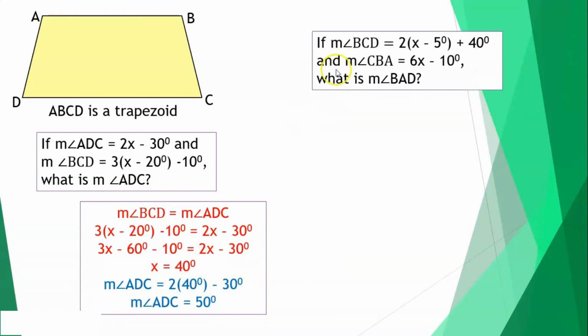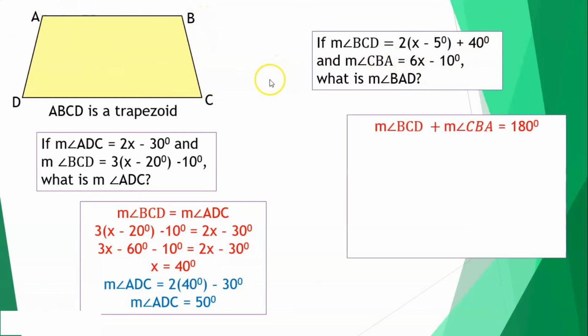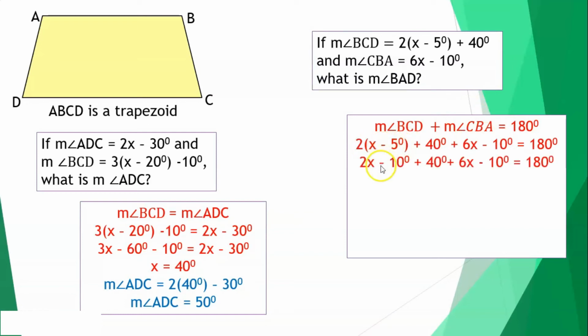Okay, another. Now, if BCD here is 2x minus 5 plus 40, and CBA here is 6x minus 10, what is the measure of angle BAD? Take note, BCD plus CBA, when you add them, should sum up to 180 degrees. Substituting, and simplifying, we'll get 2x minus 10 plus 40 plus 6x minus 10 is 180. Simplifying further, 2x plus 6x, that's 8x.